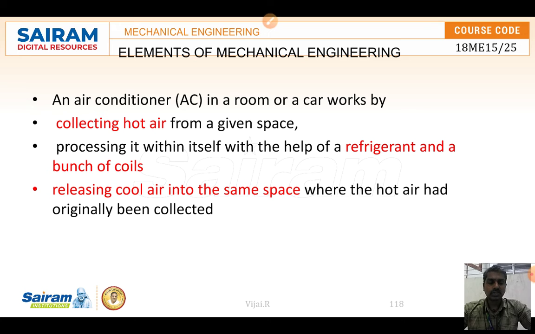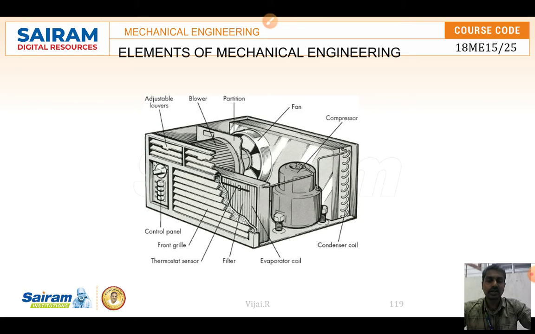The process of removal of heat from the place, and the continuous removal, we call refrigeration. There is a refrigerant used for the cooling purpose, that takes the heat from one place and releases the hot air to the outside, and again releases cold air inside the room space. That is how the air conditioner works.